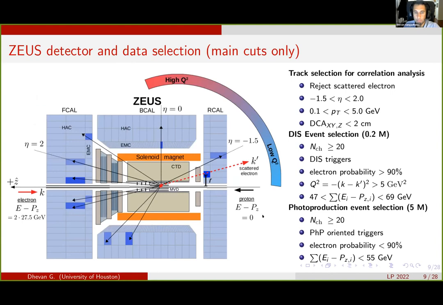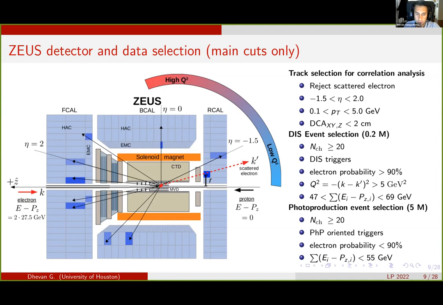Here's a rough schematic picture of the ZEUS detector, and I have the main cuts listed here on the right. I'll just go over them briefly. We reject the scattered electron from the analysis in deep inelastic scattering. In this picture, the proton beam is coming from the right and the electron beam from the left.